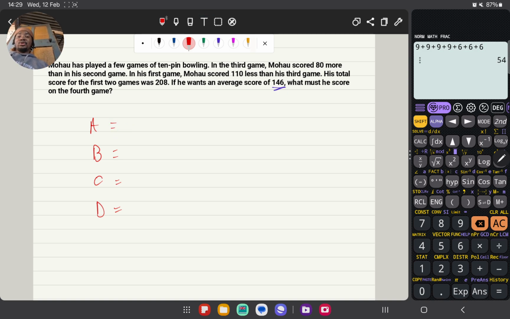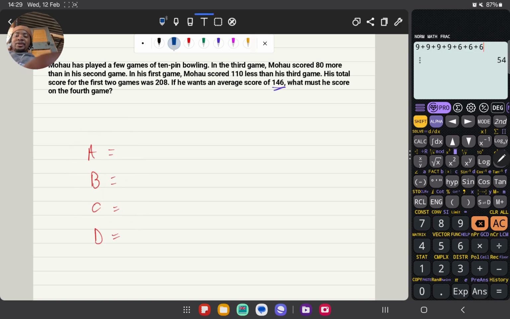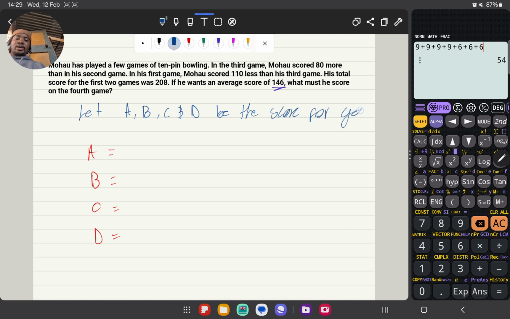Right here I'm gonna write the scores. So A, I didn't want to write it, but you can write it. You can say let A, B, C and D equal 1, 2, 3, and 4 respectively.